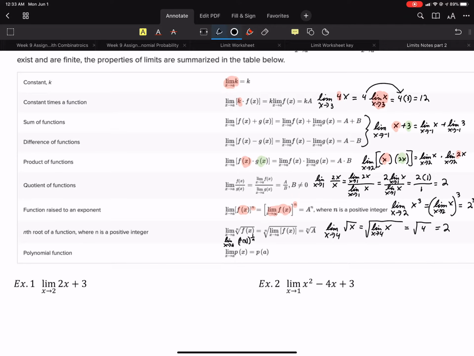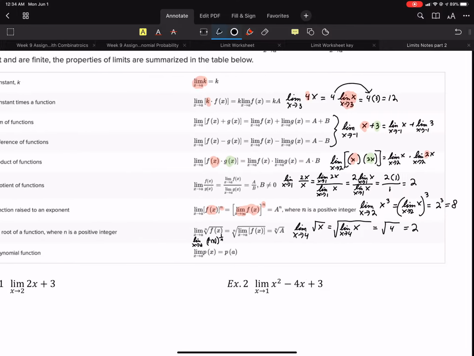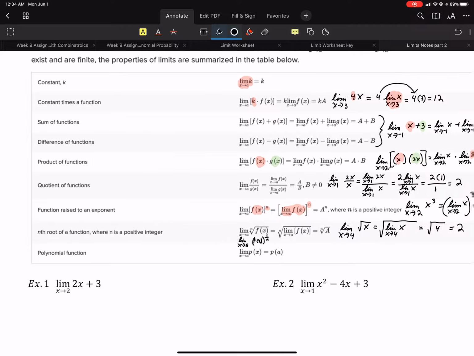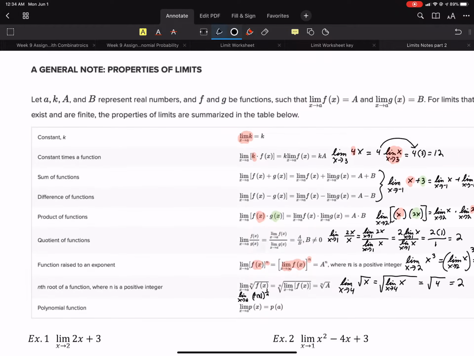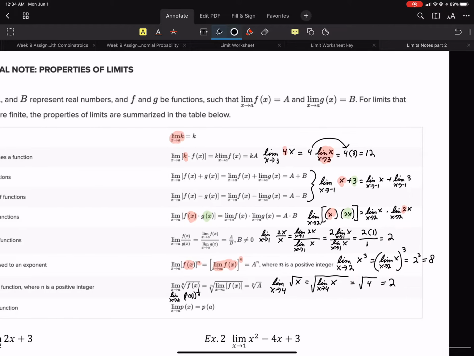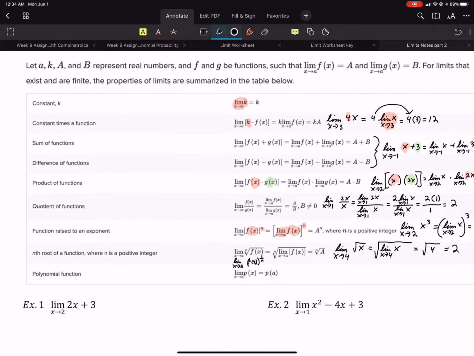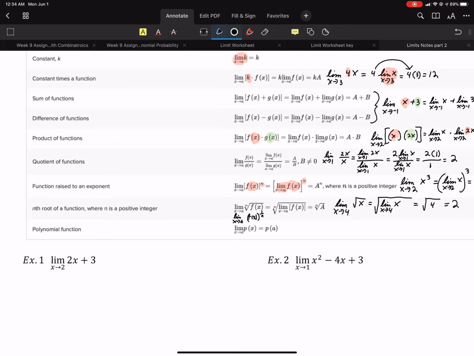So this last one, I think it'll make you feel better. This is kind of what I was talking about. This is a shortcut application. So polynomial function, p of x, given right here, we're assuming that's a polynomial function. I don't think we were told that above. Actually, they should have told you that somewhere, but they didn't.